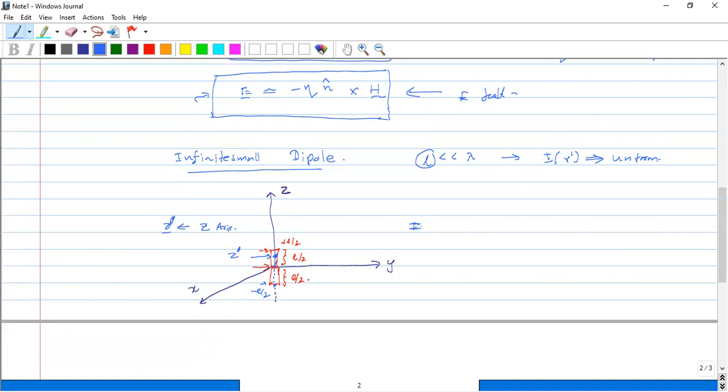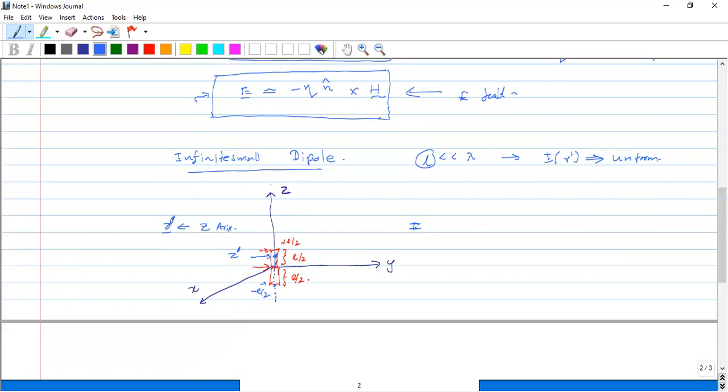What is the direction of the current? Let's say it is in the Z direction, because we have placed this conductor on the Z axis. So the current direction should be the direction of the Z axis.